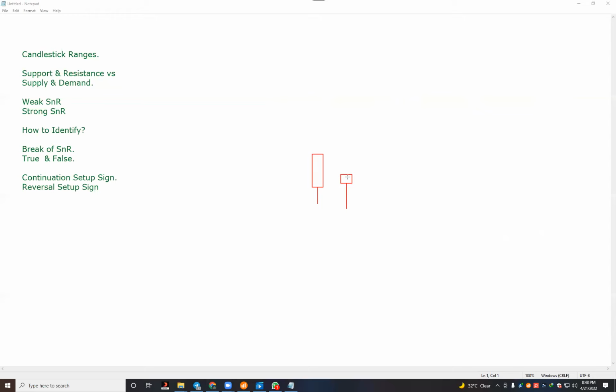Perfect. One thing: a red candle which has a lower wick means it's losing control. Who is losing control? The sellers. Perfect. And if there is a wick on the upward side of a green candle, who is losing control? Buyers. Buyers are losing control.